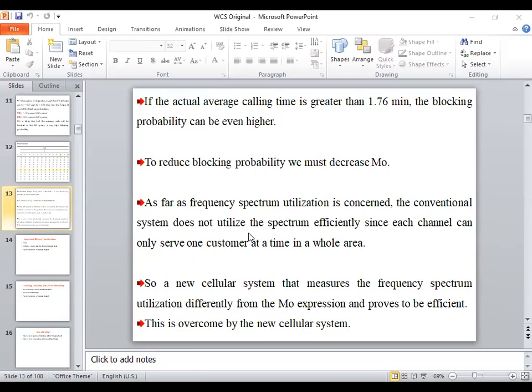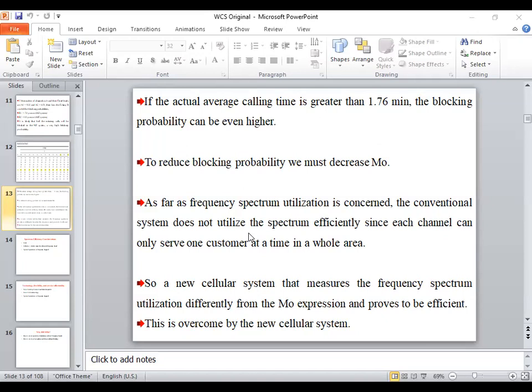As far as we consider the frequency spectrum utilization, the whole spectrum is not utilized properly. Each channel can only serve one customer at a time in a whole area. So we have to design a new cellular system so that frequency spectrum utilization is maximum and efficient, and this will be overcome by the new cellular system.